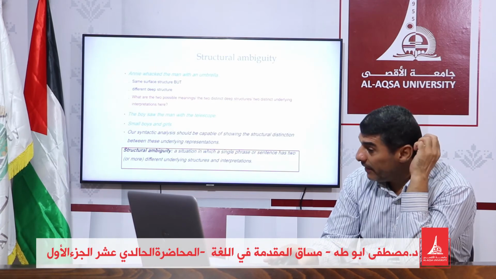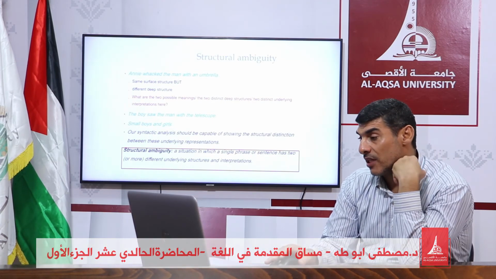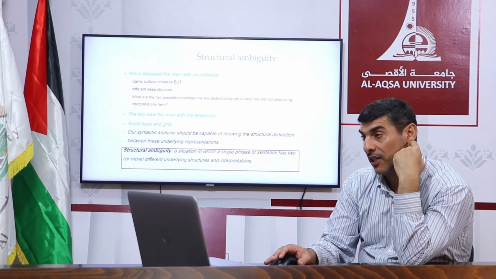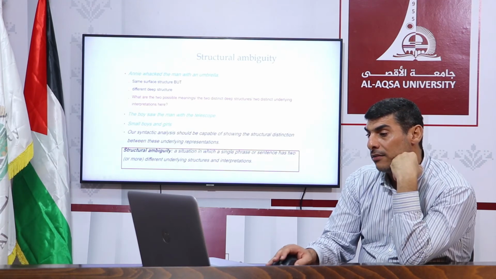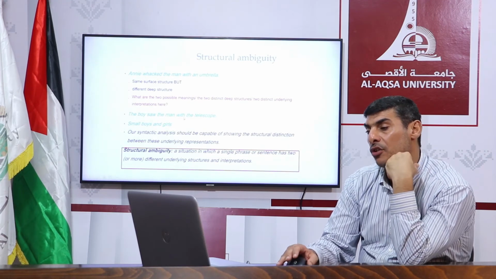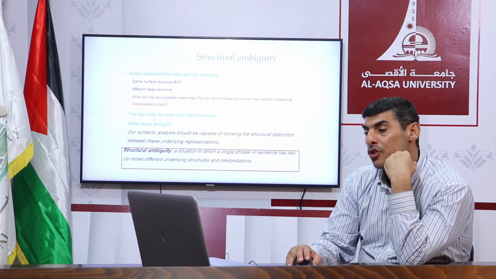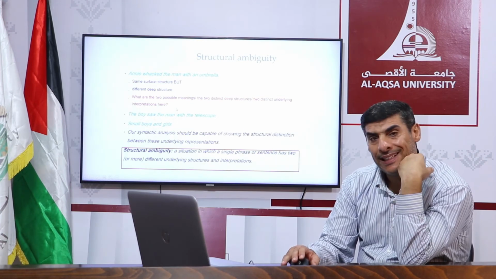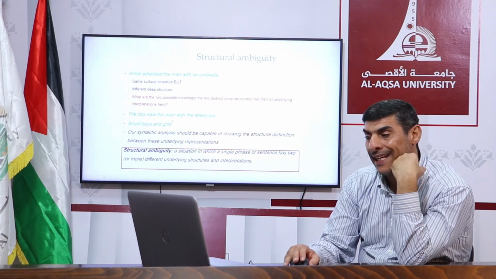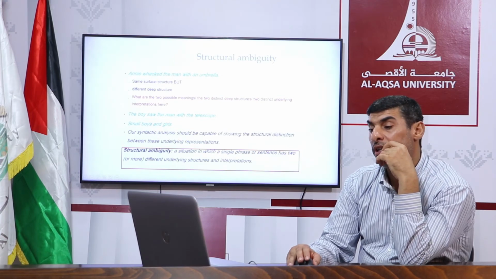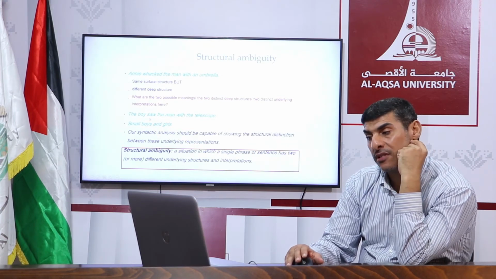What are the two possible meanings? The two distinct deep structures, two distinct underlying interpretations here. The boy saw the man with the telescope. The boy saw the man who has or who had a telescope. Or the boy used a telescope to see the man.